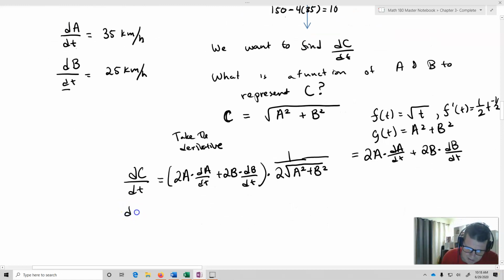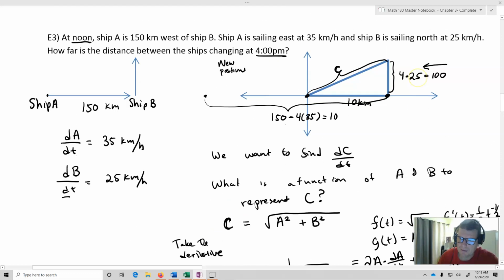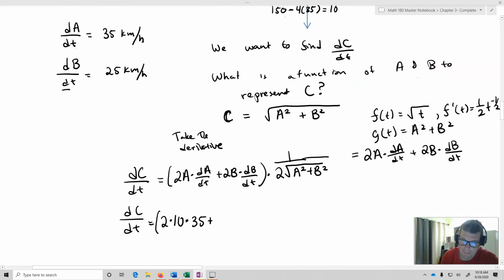So now dc dt is going to equal, and I'm just going to plug in my values. I had a equal to 10, so this is 2 times 10 times 35 plus 2 times b. B was equal to 100, if you remember, we can look back up here. It's 100. So 2 times 100 times 25, times 1 over the square root of 10 squared plus 100 squared.